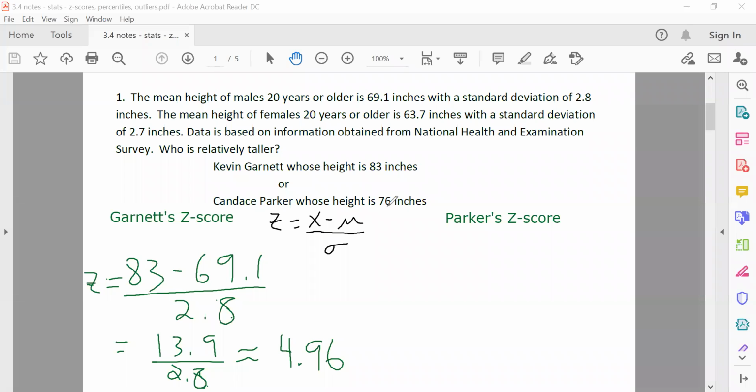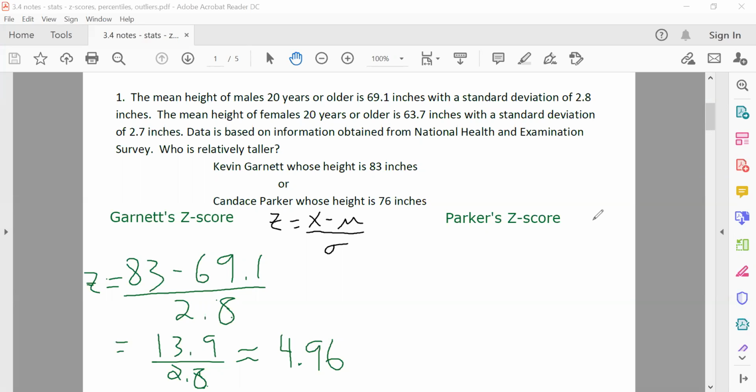So almost everyone, if you calculated their z-score, would fall between -3 and +3, because the z-score tells you how many standard deviations away from the mean you are. Kevin Garnett's z-score is almost 5. That's mind-blowing. He is incredibly tall for men, for anyone. So that's the takeaway here. He has a massive z-score.